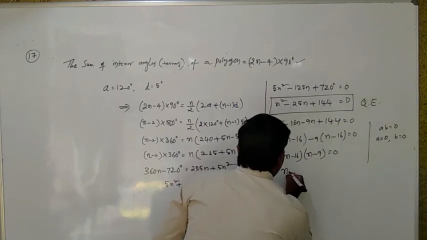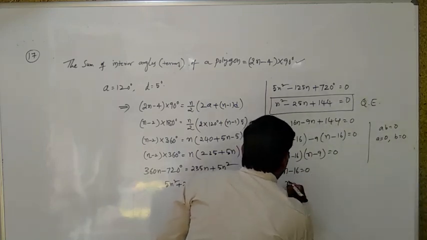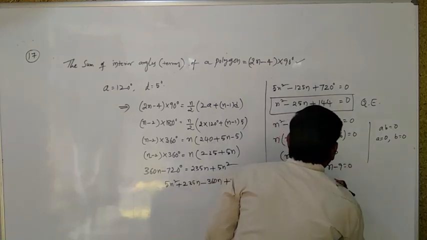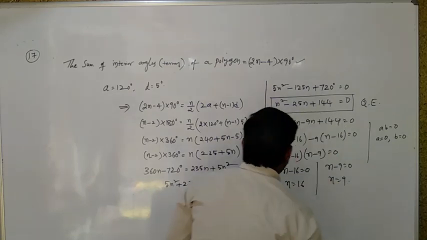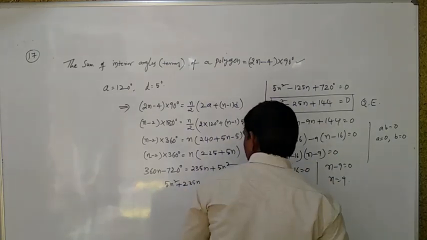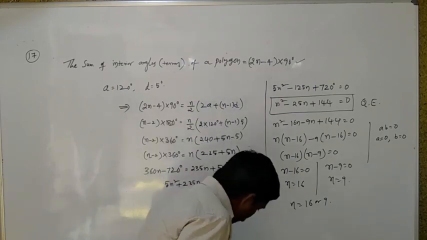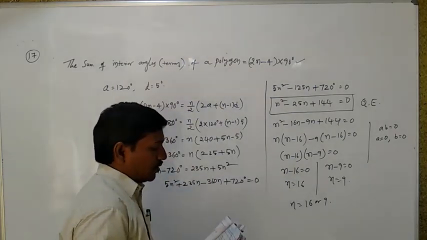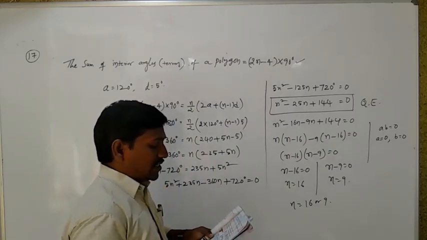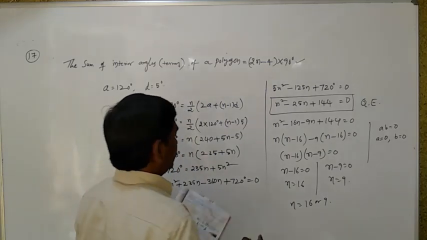So n minus 16 equal to 0, then n equal to 16, and n minus 9 equal to 0, then n equal to 9. So here n equal to 16 or 9, but in problem n equal to 18 or 8. So the statement 1 is false and statement 2 is true.